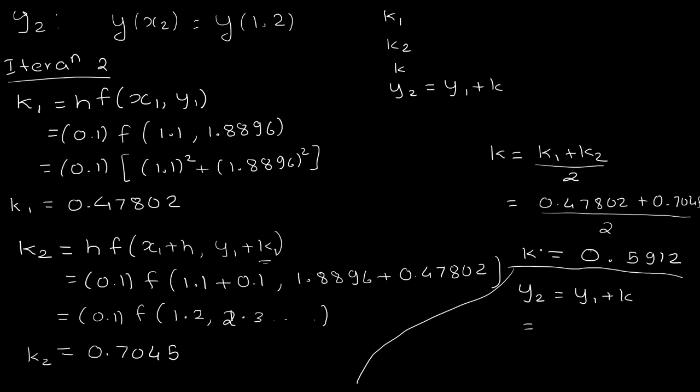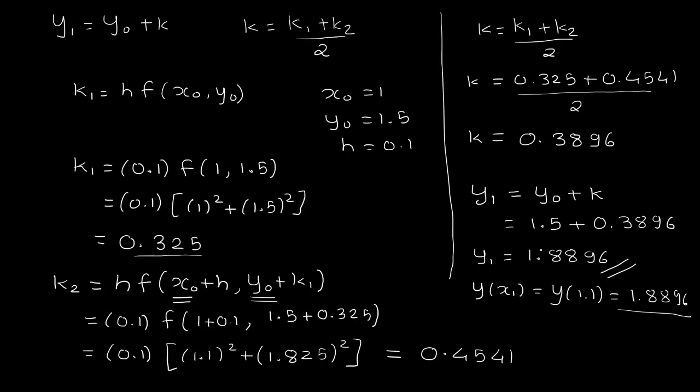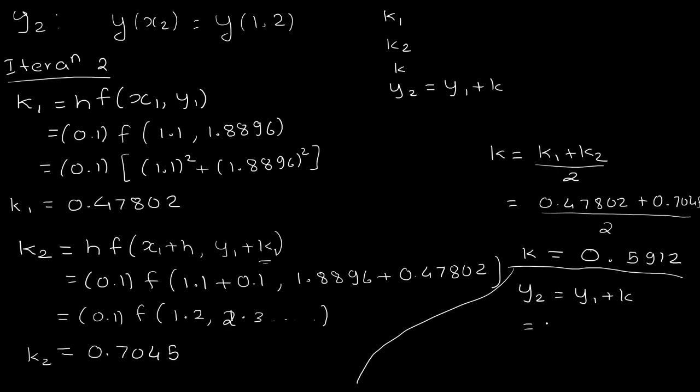Y1 we had calculated earlier. From iteration 1, I have got y1 to be 1.8896, plus the k value which I just now calculated, 0.5912, and this comes to 2.4808.